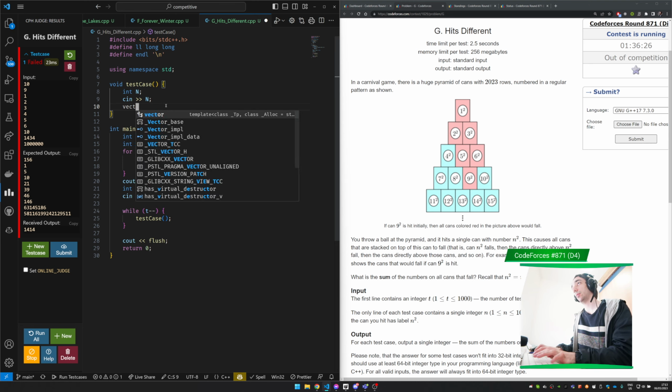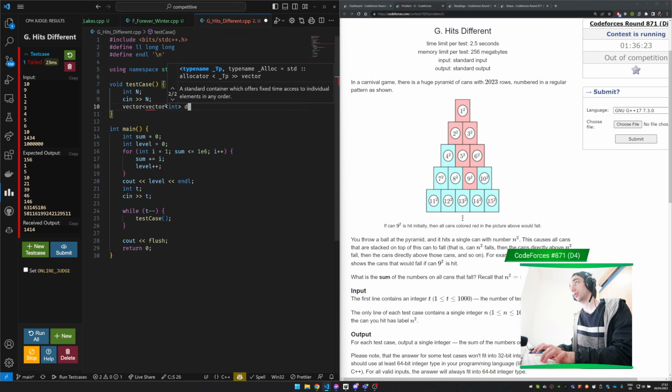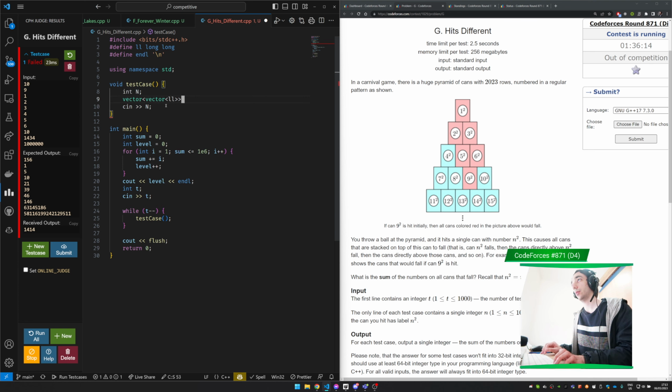I mean, yeah, implementation is a little bit heavier, but I will have this pre-computed somewhere.